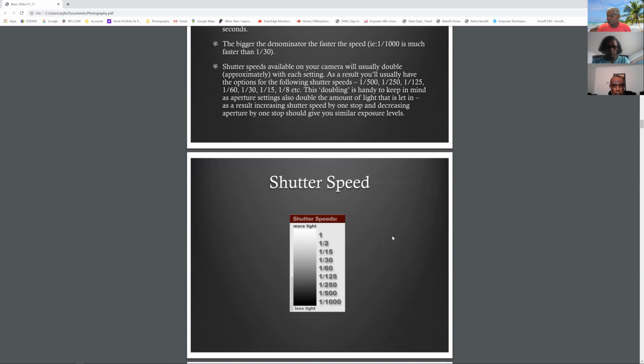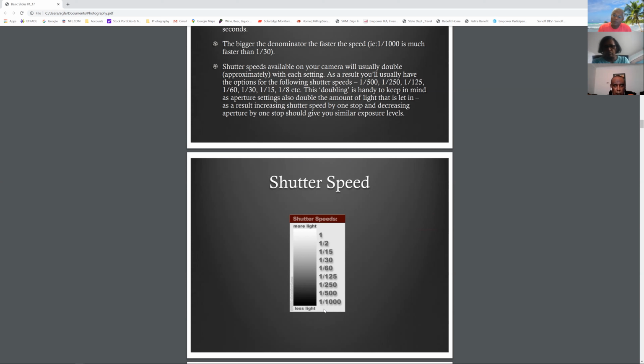Now, on most cameras you have a knob that you can change the shutter speed, the same way as the aperture. You can change the shutter speed: half a second, 1/15, 1/30, 1/60, 1/125. It always doubles.